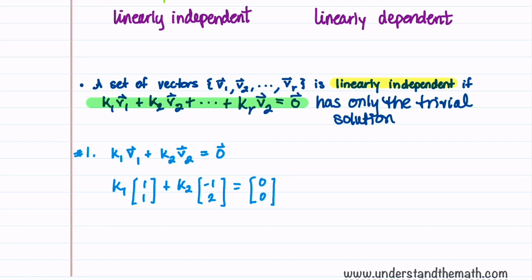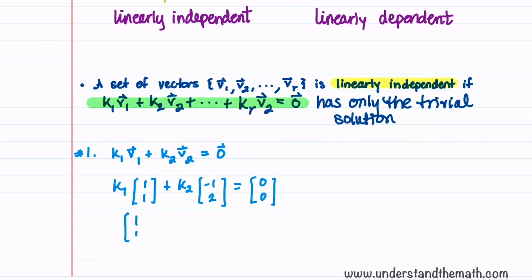To solve for k1 and k2, because that's the solution we're looking for, this is a scenario where we're supposed to only get the trivial solution, so k1 and k2 should equal 0. Let's see if that works out. We'll form our augmented matrix. And we'll put our matrix in echelon form.